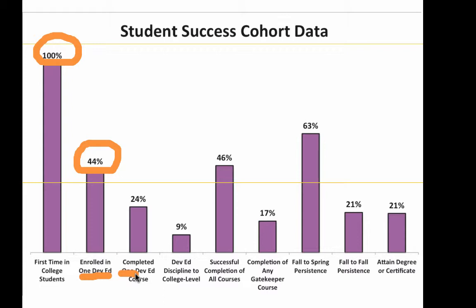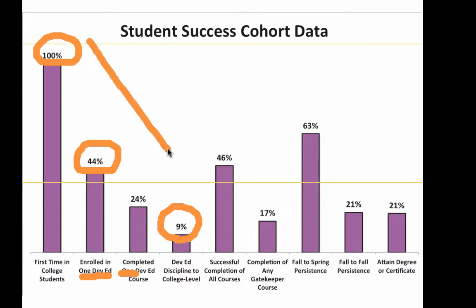Of those who had completed developmental education and moved on to college level courses, 9%. This is why our college graduation rates are low. Sometimes basic skills is the long path that students take, and the completion rates at the end and going on to gatekeeper courses are sort of abysmal.